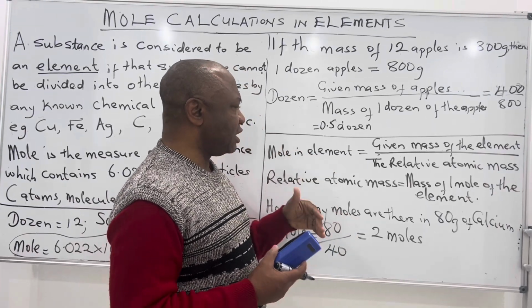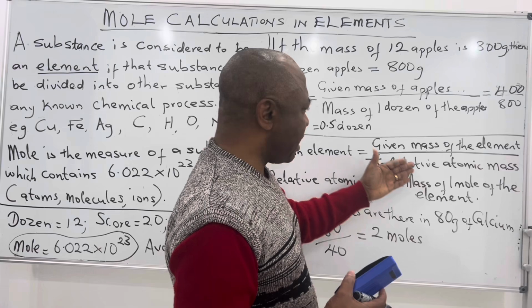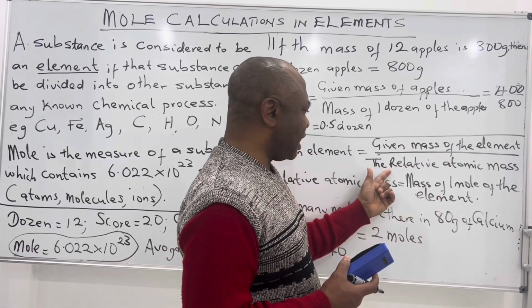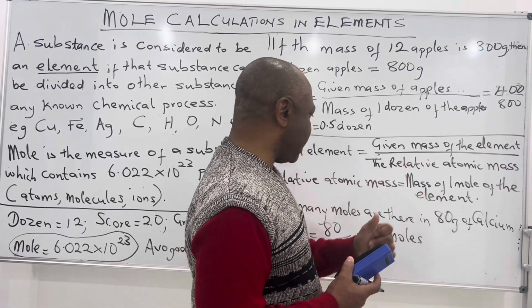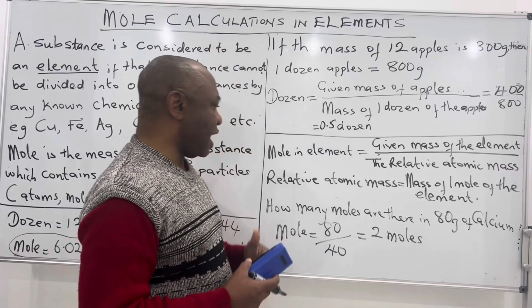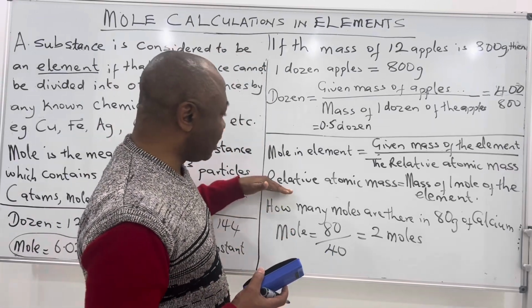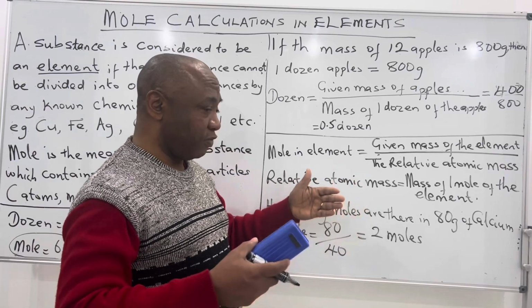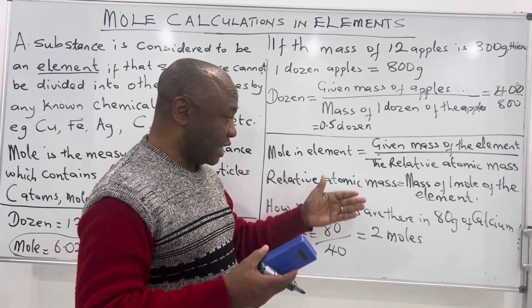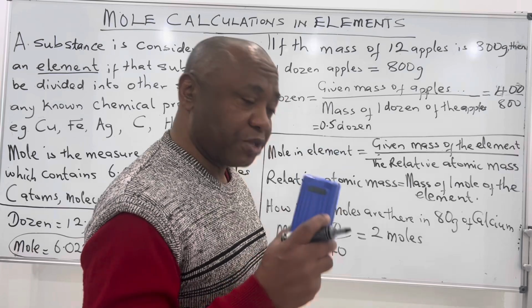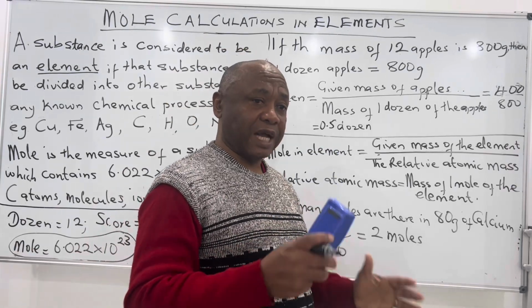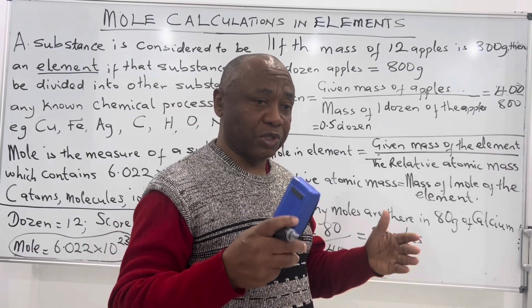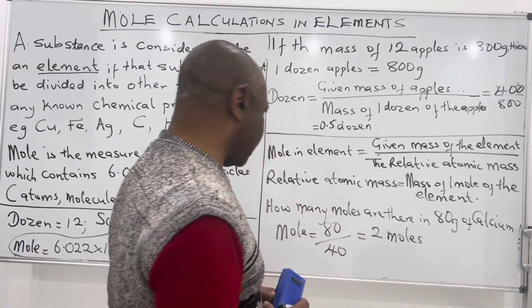Mole in element is equal to given mass of the element divided by the relative atomic mass of that element. I have said earlier that the relative atomic mass represents mass of 1 mole of the element, which contains 6.022 times 10 raised to power 23 atoms of the elements.